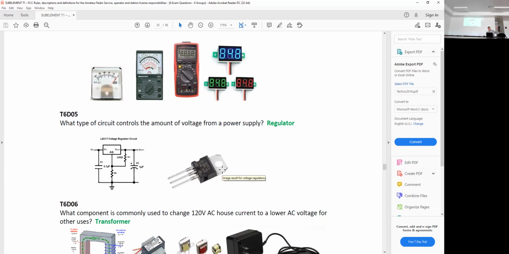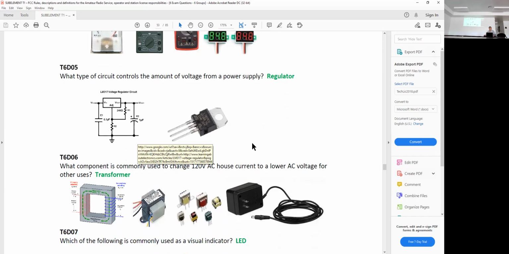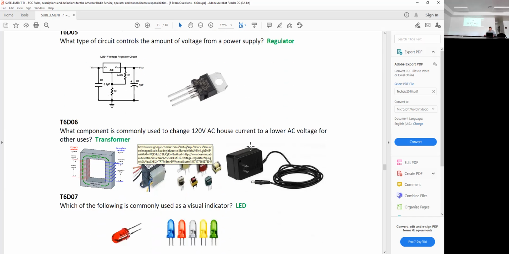So the voltage regulator will take the 9 in and put a smooth even 5 out. And as it drops to 8, smooth even 5 out. 7, 5 out. Voltage regulators are fantastic. Before semiconductors, that was kind of difficult to do.